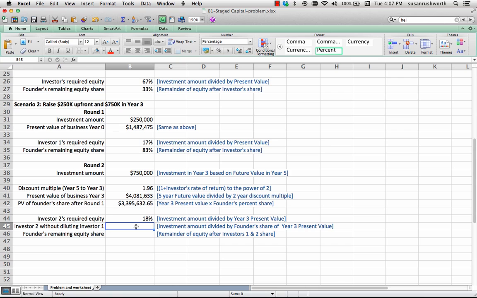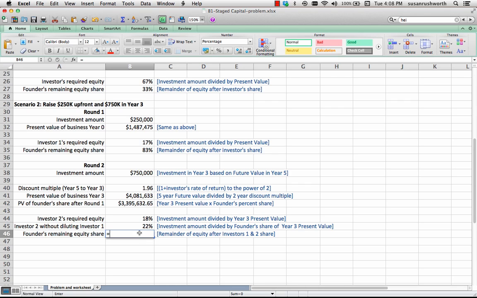So to calculate what share you need to give to investor 2, you simply divide investor 2's investment amount of $750,000, year 3 dollars, by the value of the business that the founder still owns in year 3 dollars, this figure here, 3.395 million, and let's see what we get. 750,000 divided by 3.395 million is 22%. So how much of the share of the business has the founder got left?